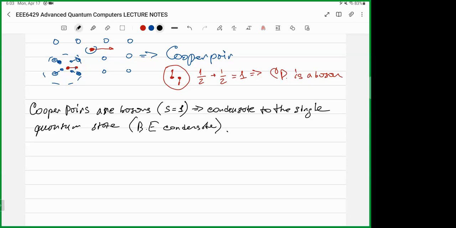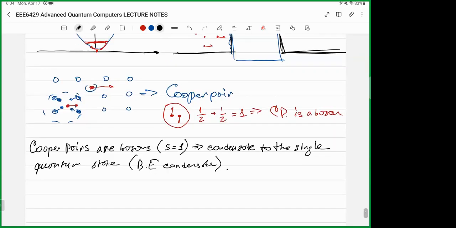So the fact that a laser shines light in a very narrow light beam is a consequence of the fact that a laser forms this Bose-Einstein condensate. So basically all photons are in the same quantum state.